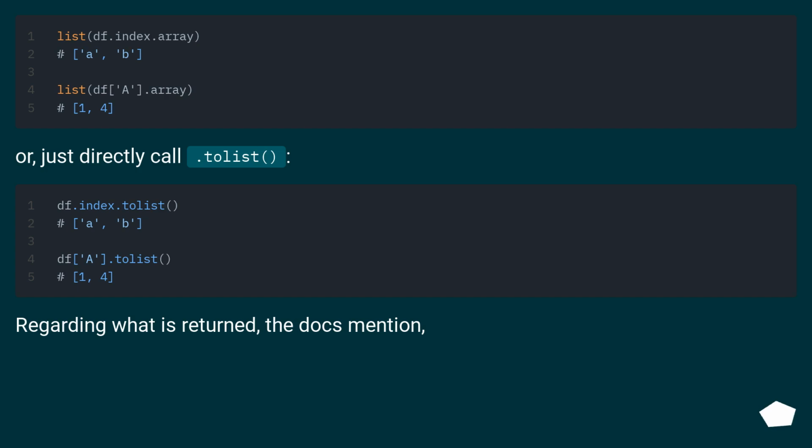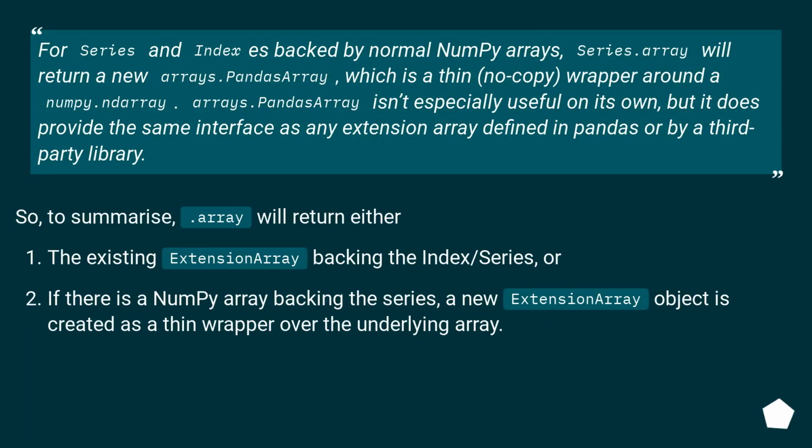Regarding what is returned, the docs mention: for series and indexes backed by normal NumPy arrays, Series.array will return a new arrays.PandasArray, which is a thin, no-copy wrapper around a NumPy ndarray. arrays.PandasArray isn't especially useful on its own, but it does provide the same interface as any extension array defined in Pandas or by a third-party library.